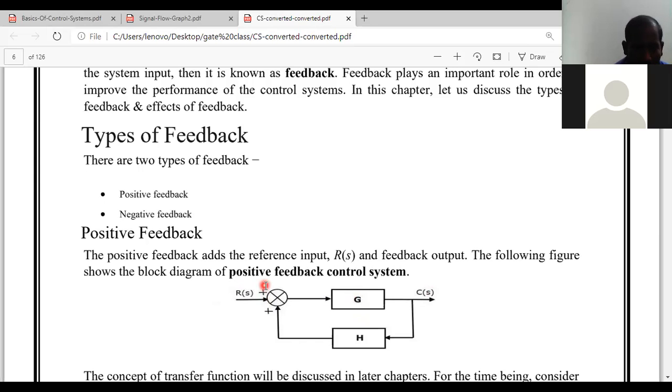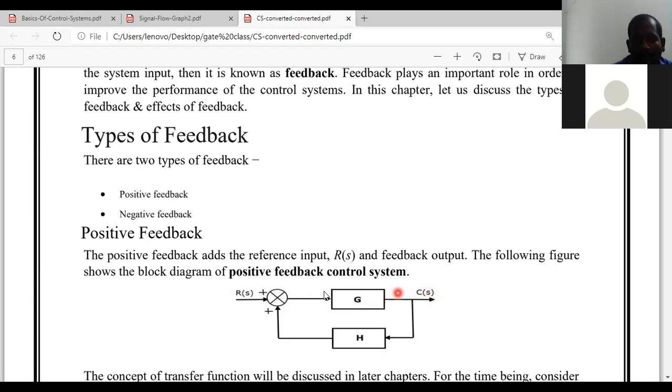So where will we use positive feedback in a control system? Actually, why do we go for positive feedback? Whenever we need a desired response to be met. When we use positive feedback, without any input, the system will generate the output.